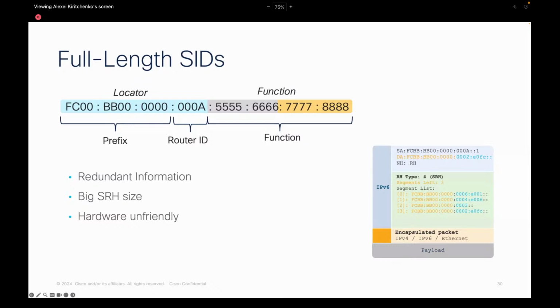And building such a packet is quite difficult and has disadvantages. It increases the packet MTU, and it is difficult for hardware to process. So on one side, we have a very nice technology, which is SRv6. And on the other side, it's difficult for current hardware to do such routing and forwarding.